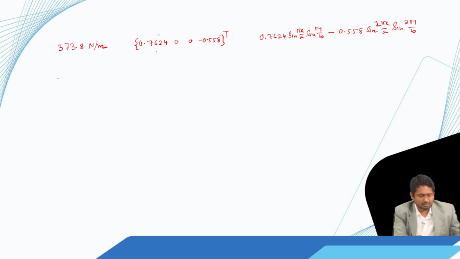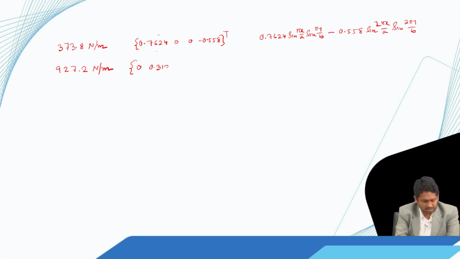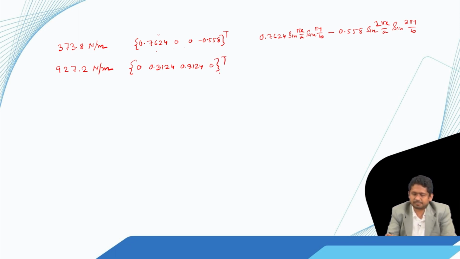The second eigenvalue that I get is 927.2 Newton per meter, and we have 0.3124, 0.3124, and then transpose.